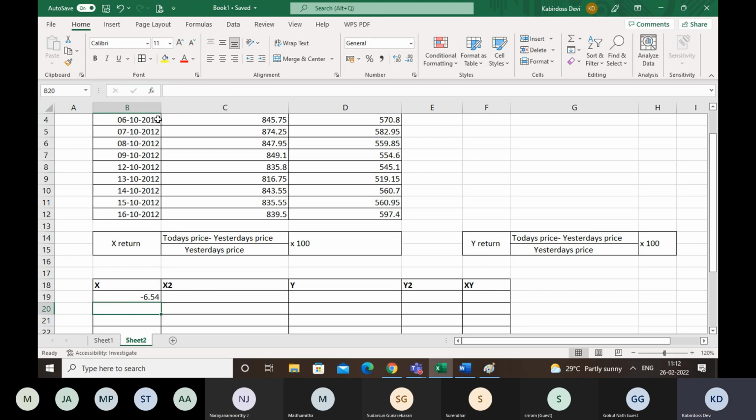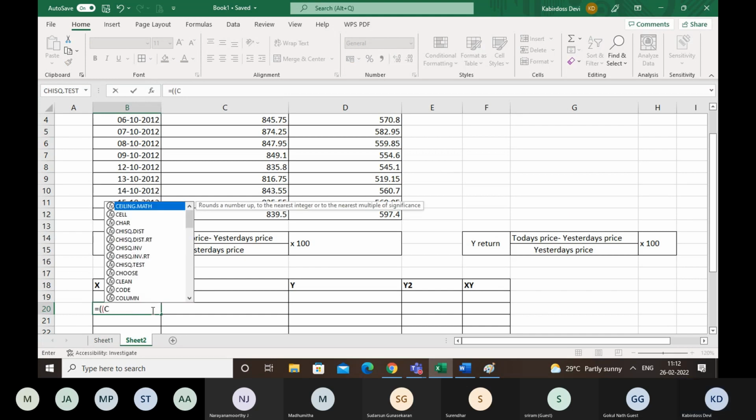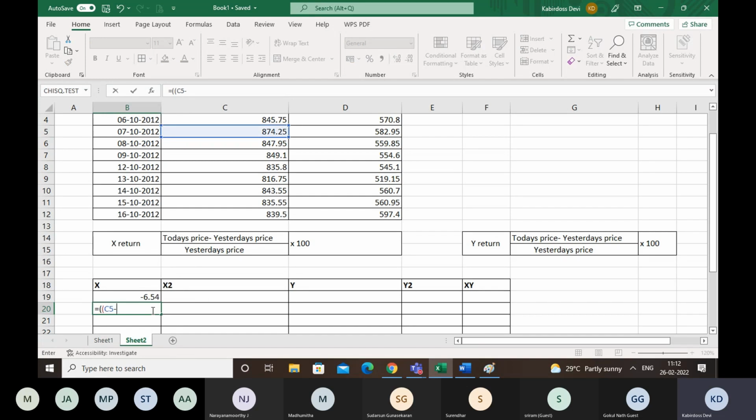So this is for the 6th I found out. I have to find out for the 7th similarly. So I will do it again: C5 minus C4, again divided by C4, into 100. Guys, you are able to follow?